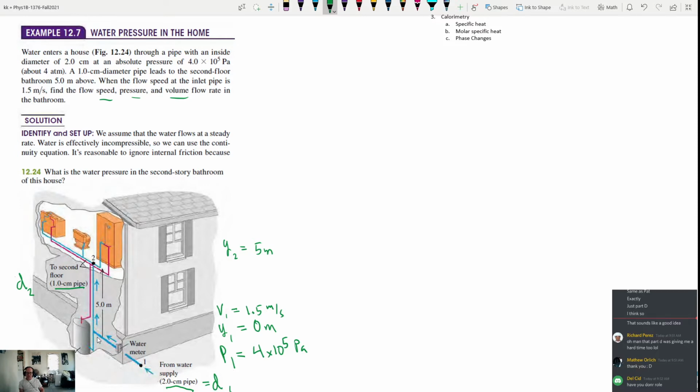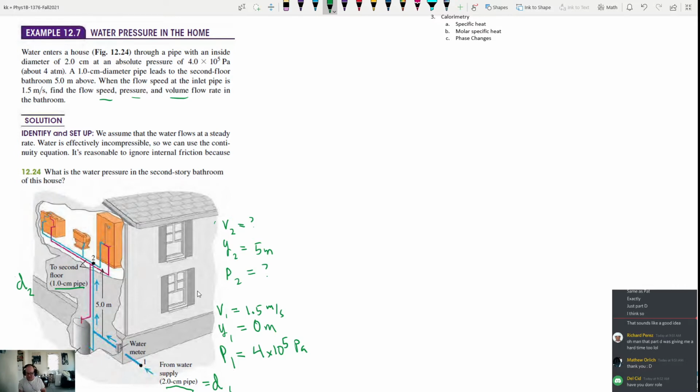We're just looking at the cold water. We need to figure out at the top inside of the bathroom how fast the water is flowing, the pressure at that point, and the last thing we'll find is the volume flow rate.